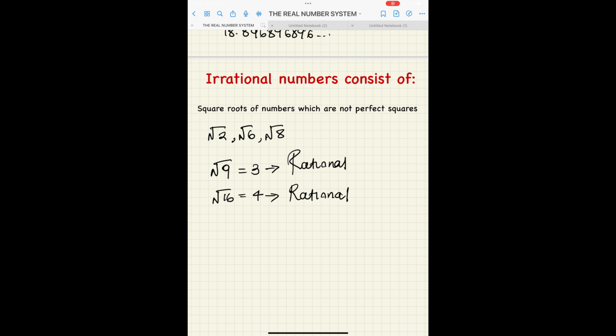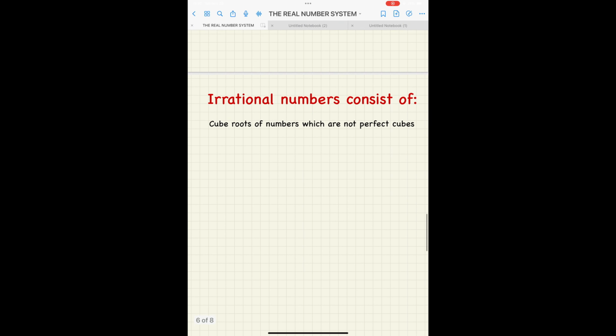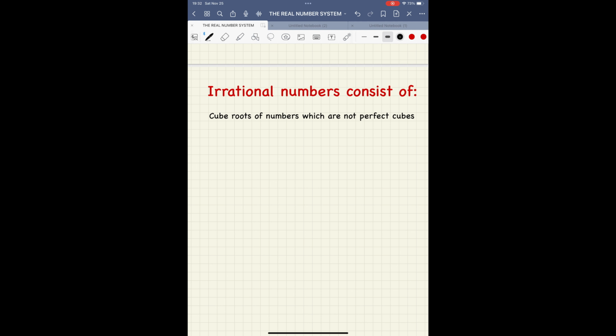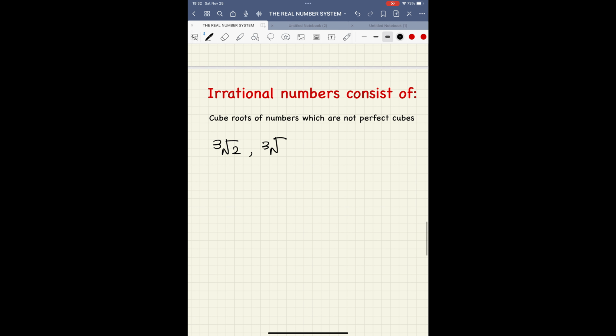Next, irrational numbers are cube roots of numbers which are not perfect cubes. Why? Because perfect cubes are rational. Alright, let me explain further. For example, you can have a cube root of 2 or a cube root of 5 or a cube root of 9, right? Why not a cube root of 8?